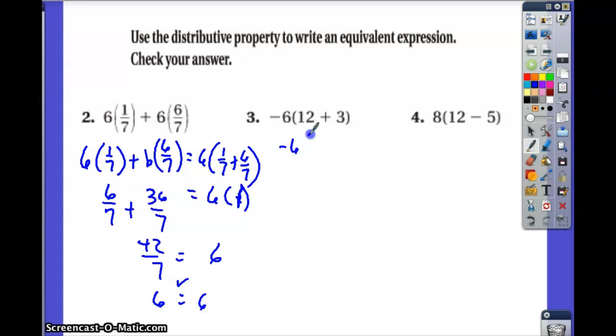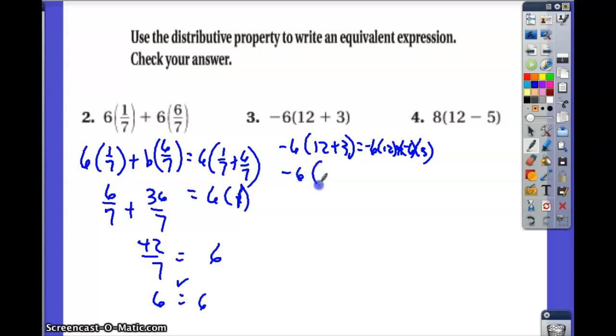Here you've got negative 6 times (12 plus 3), same as negative 6 times 12 plus negative 6 times 3. I want to put that in parentheses also. It's a plus sign in between there. So let's see if they check.